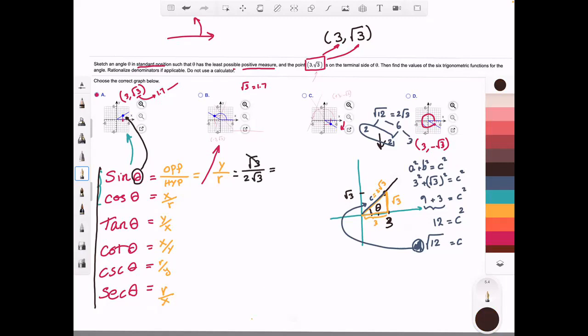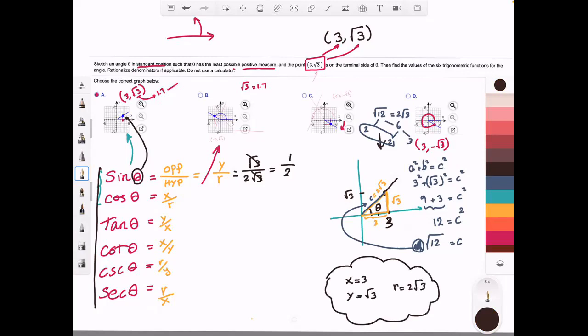This gives us 1 over 2. This is great, radical 3 is gone. So here I can make a little cloud that x equals 3, y equals radical 3, and r equals 2 radical 3.